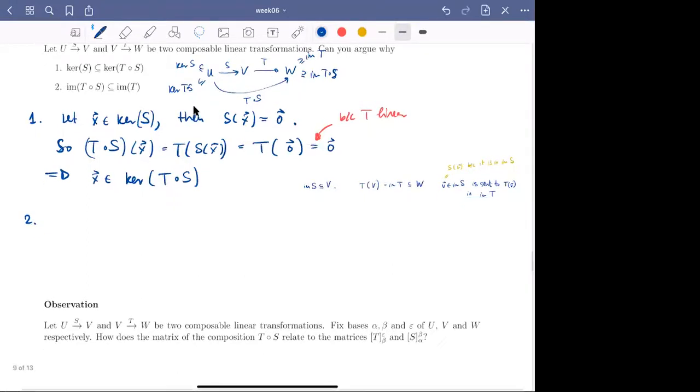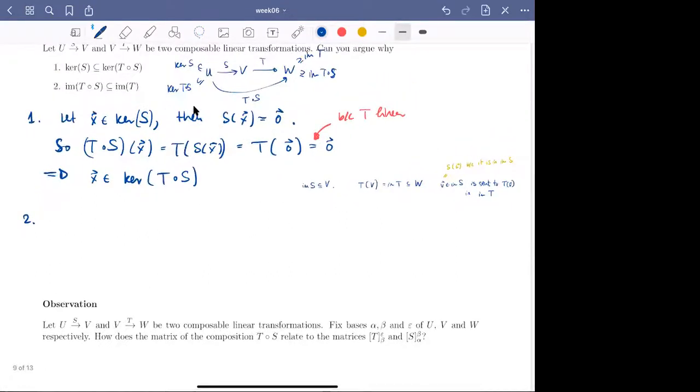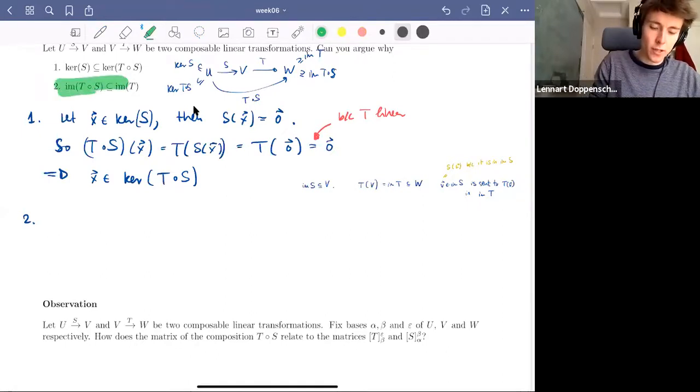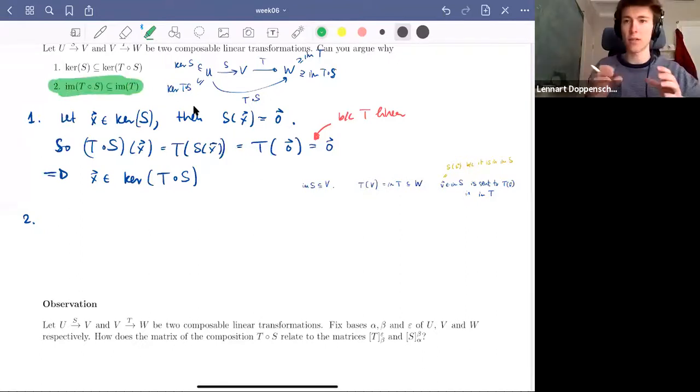Yeah, sorry, I think I skipped some steps during my reasoning. Okay, we can compare in the end, and then fill in the blanks. So whenever I want to show an inclusion like this, the standard procedure is to pick an arbitrary element in the smaller set and show it's in the bigger set. I have this urge to start this way.